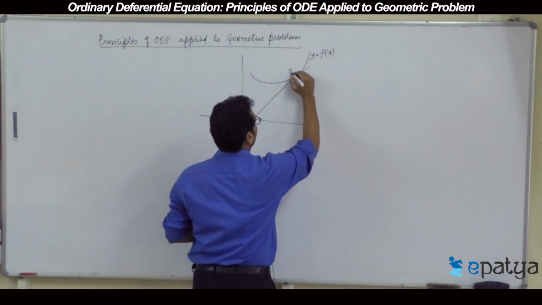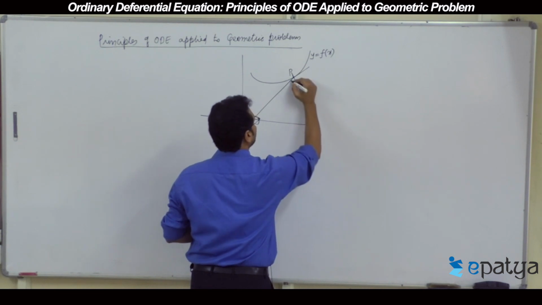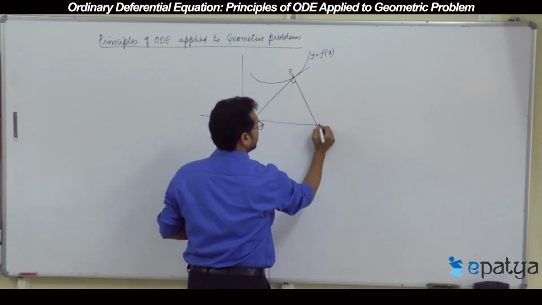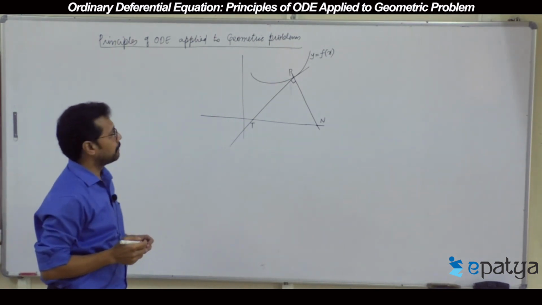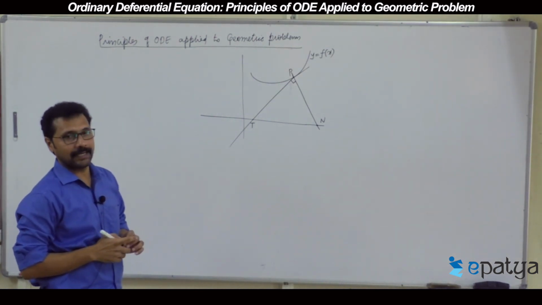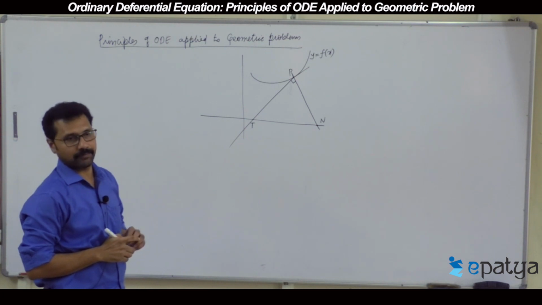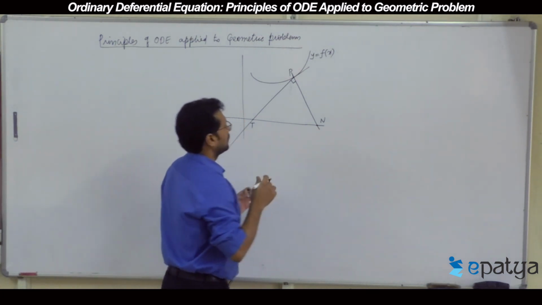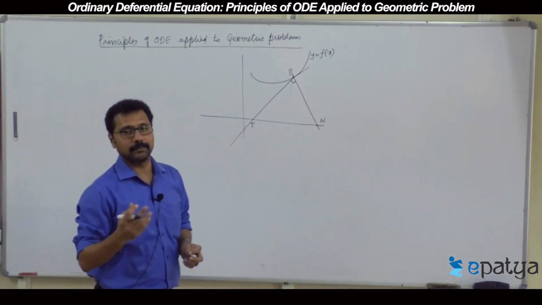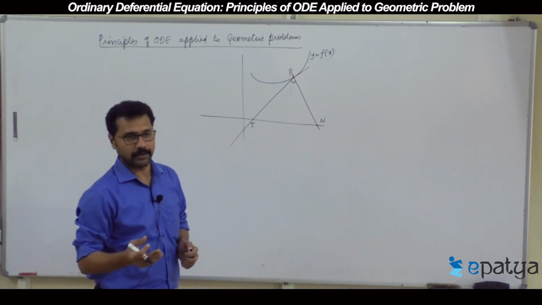Similarly, suppose I draw a normal at that point, this is 90 degrees. The normal intersects the x-axis at a point N, then PN is called length of normal. Of course, the line's intersection with the x-axis is what we are looking at, not the y-axis.